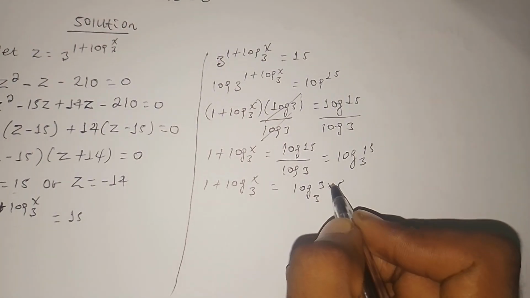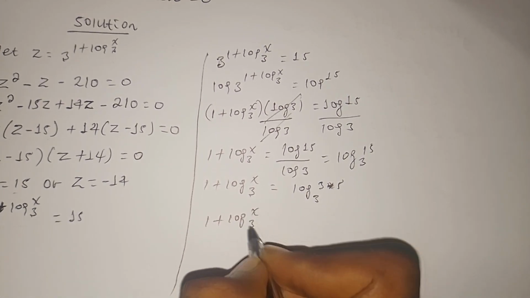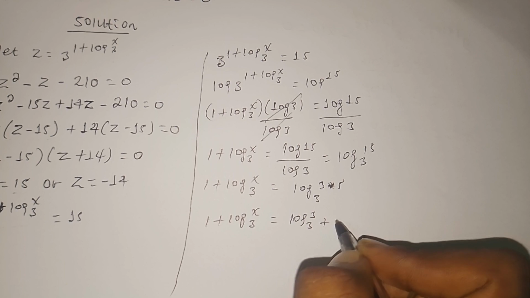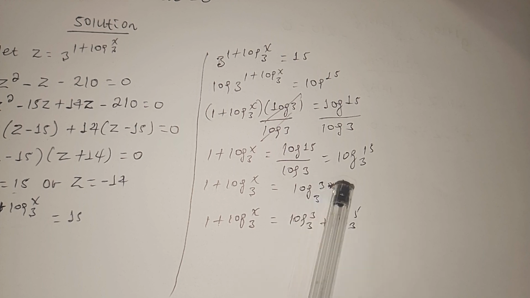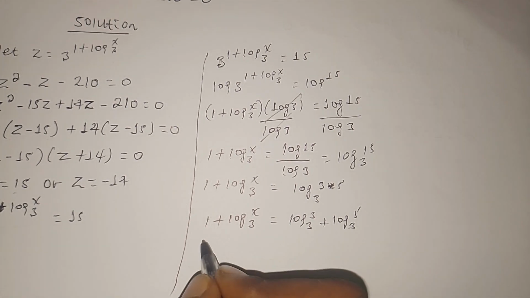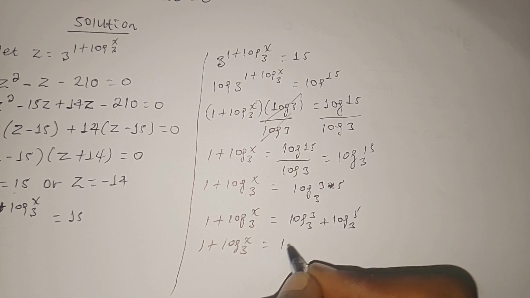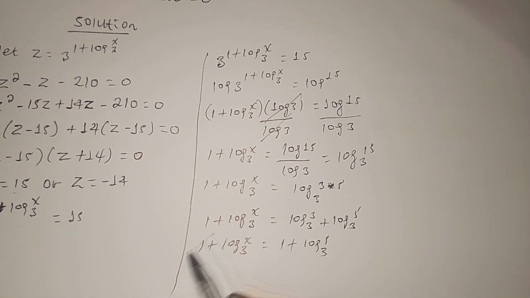So, by the product rule, 1 plus log x in base 3 is equal to log 3 in base 3 plus log 5 in base 3. But log 3 in base 3 is simply 1. Therefore 1 plus log x in base 3 is equal to 1 plus log 5 in base 3. This one is cancelled by this.